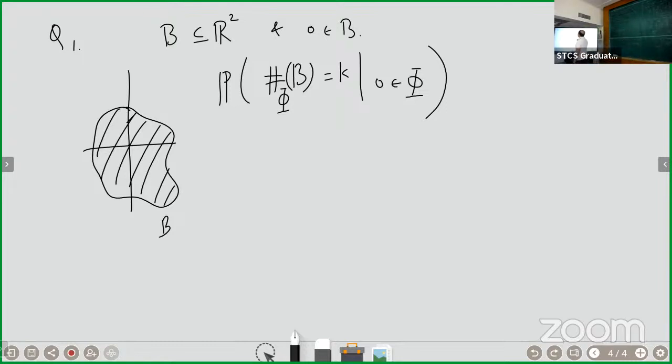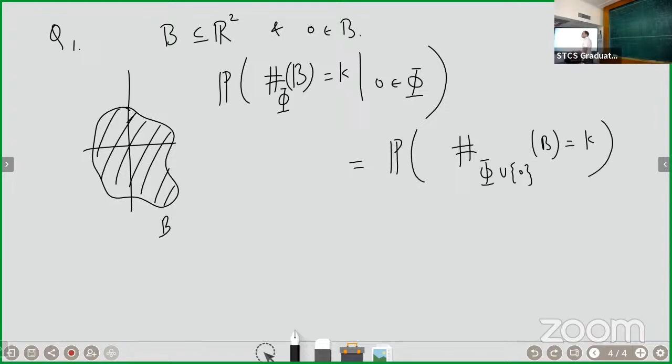So what can I use the theorem to say? This is equal to the probability that the number of points in B equals k minus 1 with respect to phi.